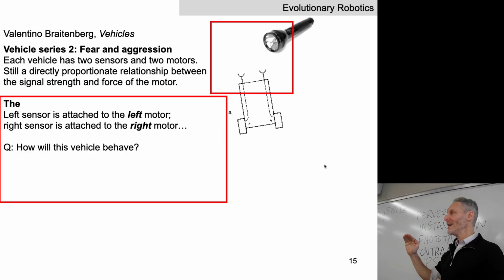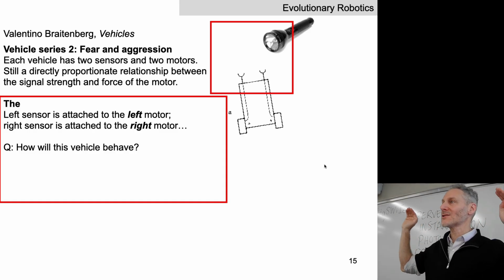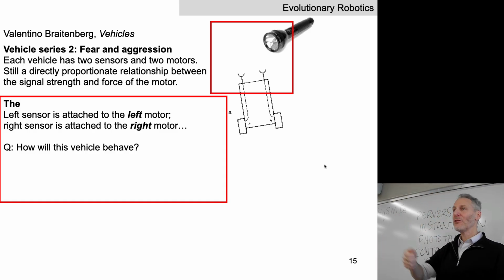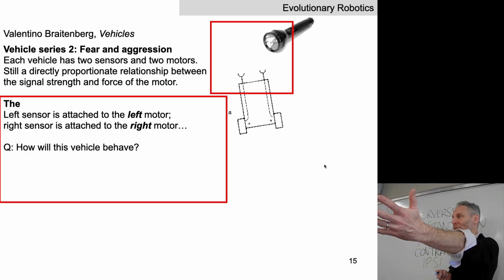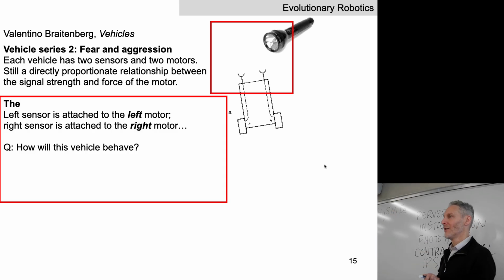It runs away. Okay, so there's still light falling on the sensor, so it's still moving away. But if I just stay here with my flashlight, what happens? Yep. Slowly stops. It'll slowly stop because the further away it moves, there's less light falling on the sensors and it'll slow down.